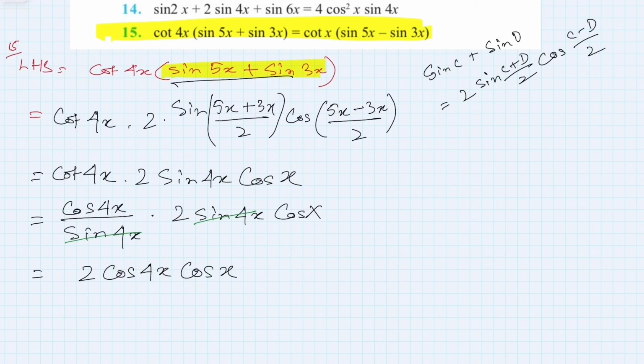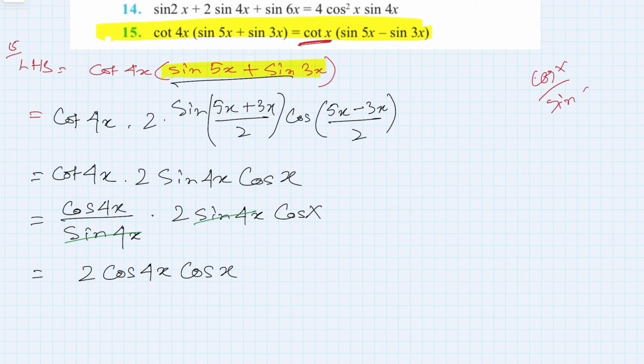Now what we're going to do: in the right hand side we need to obtain cot x. So cot x is equal to cos x by sin x. That's why we can write cos x by sin x into 2 cos 4x into sin x again.